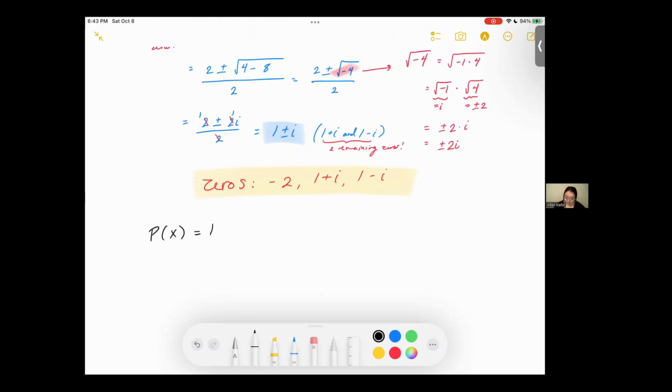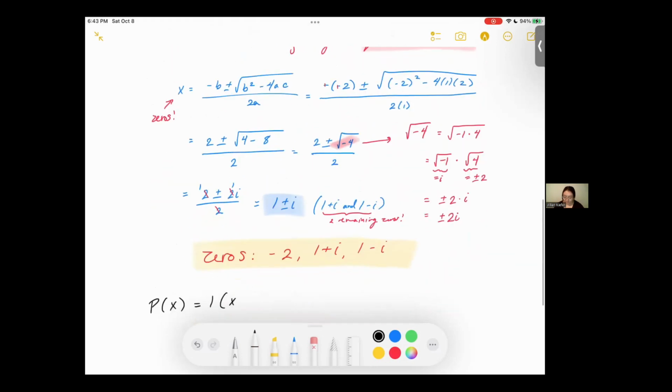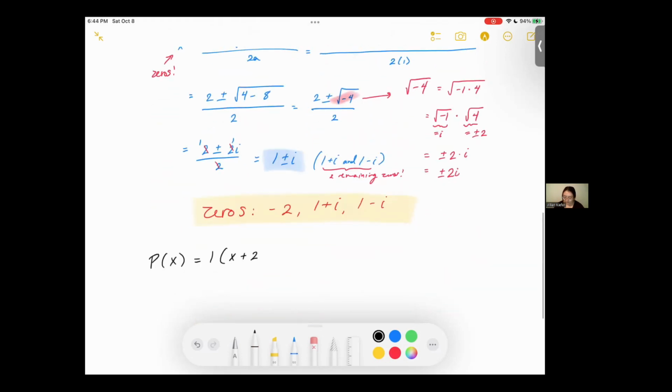So we've got 1 times x plus 2, because we had that from up here. And then we have our other two factors here. So this is like c sub 1, c sub 2, and c sub 3.